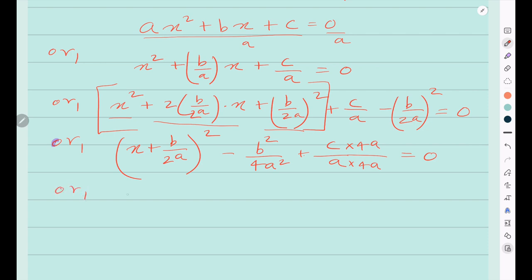Or we can write, this is nothing but (x plus b divided by 2a) square, and here it becomes 4a square, and if we put the minus sign here, it becomes opposite, b square minus 4ac, and again that is equal to 0, isn't it?